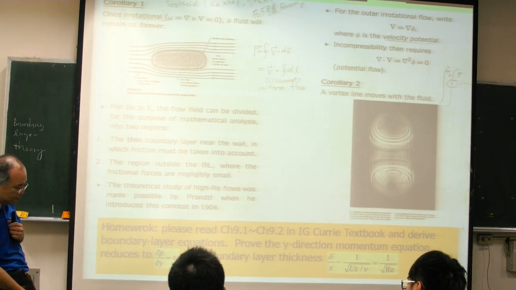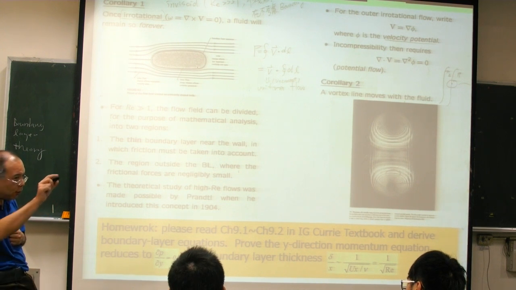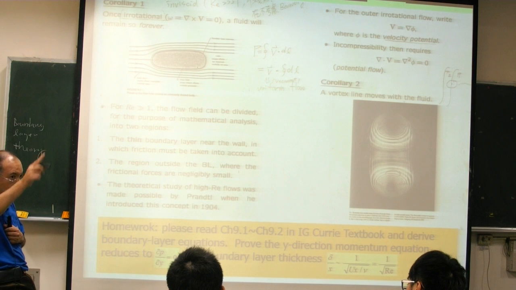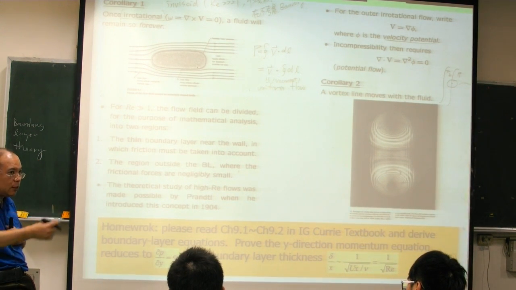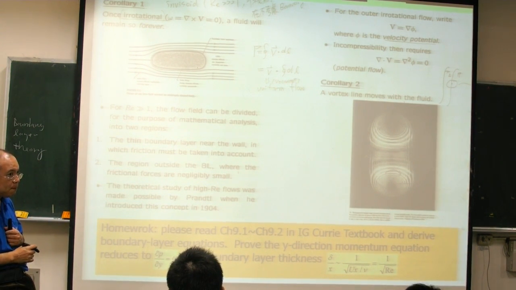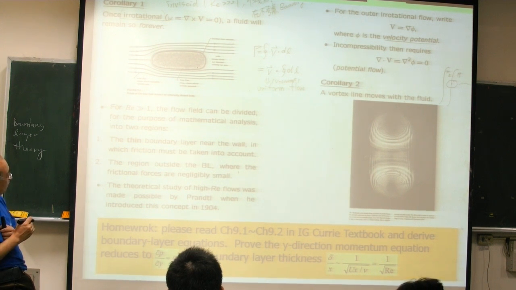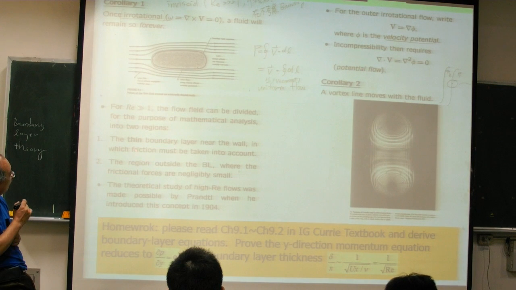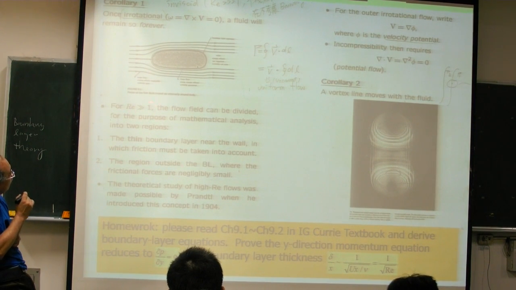Later I would like to emphasize this. Even if we don't know the boundary layer information, we can still use the outer flow information and get engineering applications too. So Prandtl, in 1904, separated these two regions for the high Reynolds number flow.